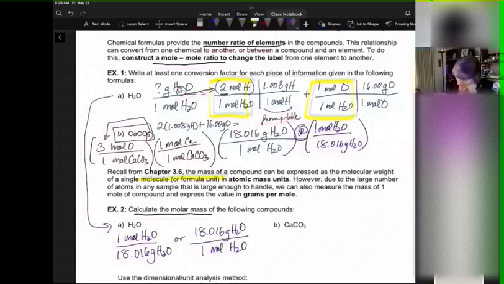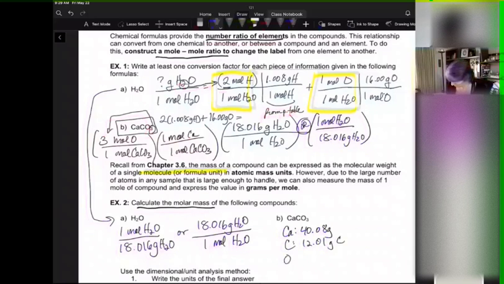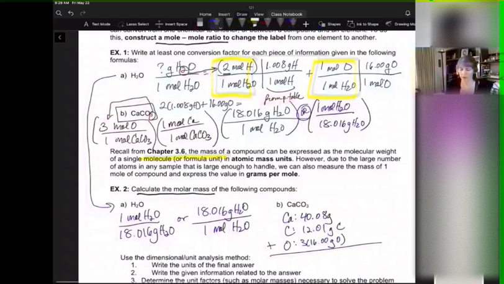Go ahead, let's calculate it for calcium carbonate. I think we're back on track here. I'm going to look up calcium on the periodic table. And I've got 3 oxygens, so I'm going to add those all together. Now all together, that's going to be grams of CaCO3 in 1 mole.